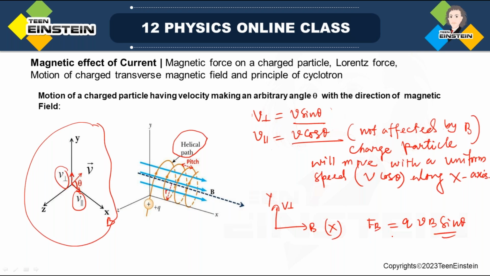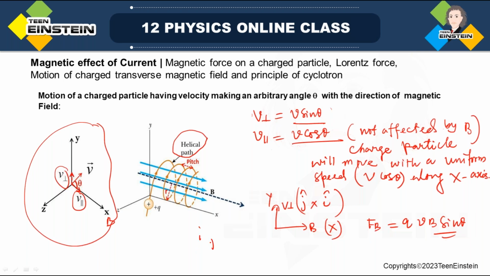This will be the magnitude of the force. And what will be the direction? See, this is V cross B, right? This is J cross I.